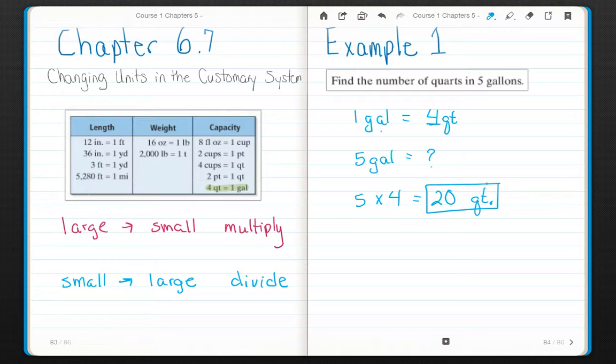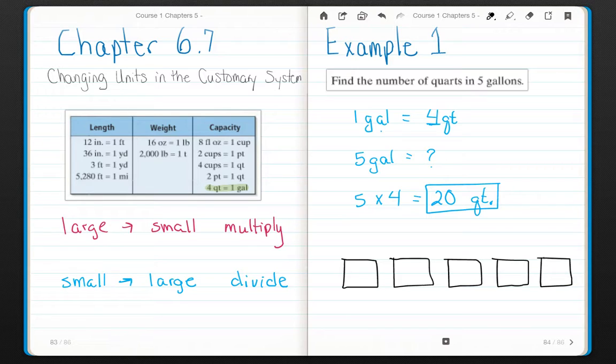If I wanted to draw a diagram of that to help illustrate it a little bit more, I'm going to take each of my 5 gallons. So here are 5 gallons. I'm going to cut each gallon into quarts. There are 4 quarts in a gallon.